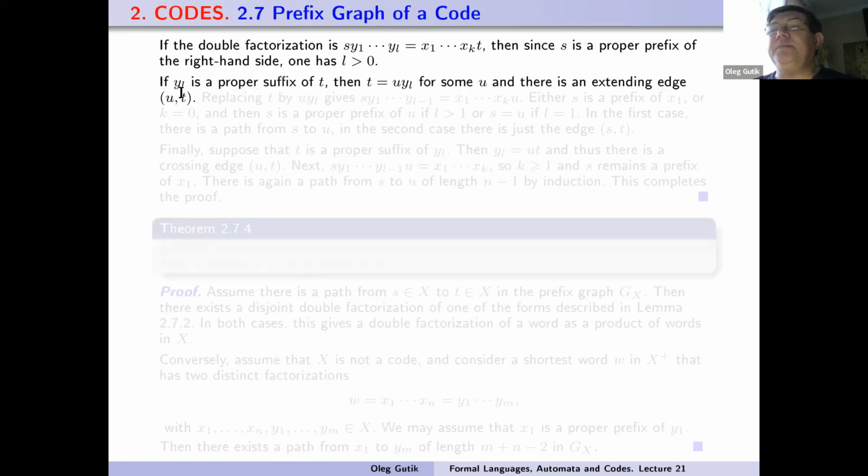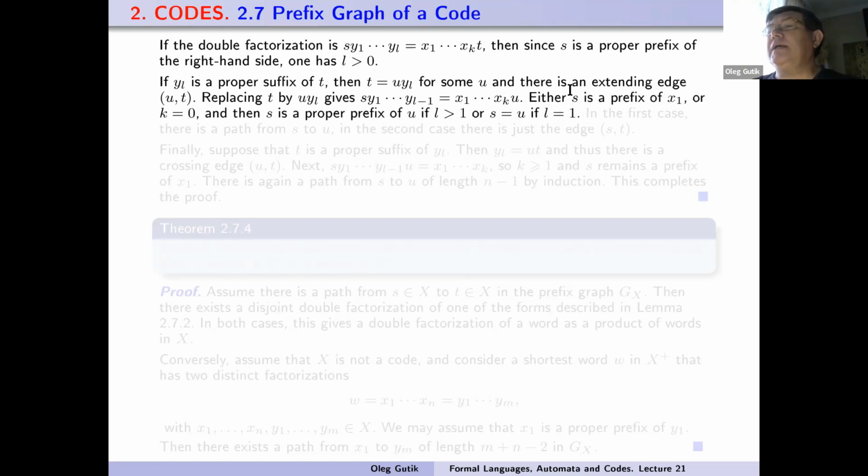If the word yl is a proper suffix of the word t, then the word t is equal to u yl for some word u, and there exists an extended edge u t. Replacing t by u yl gives that the word s y1 so on y l minus 1 is equal to the word x1 so on xk u.